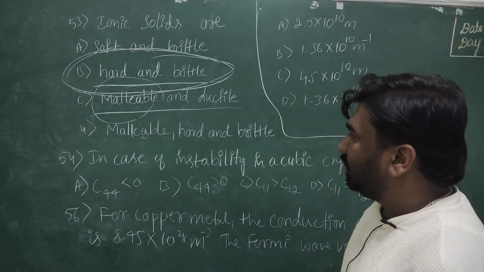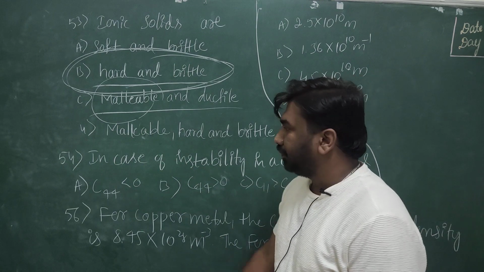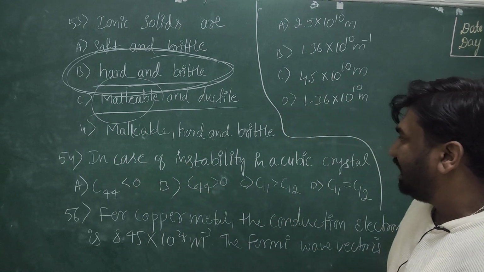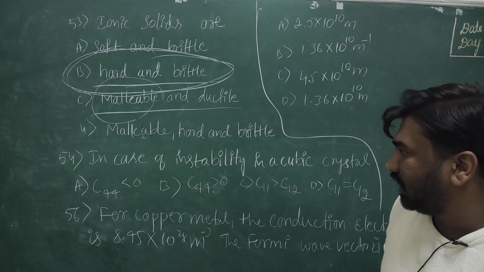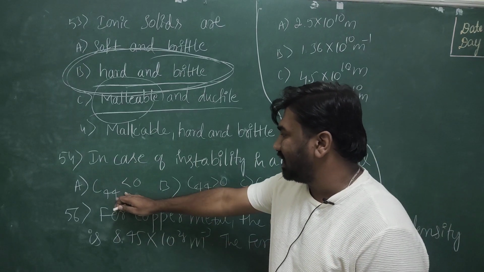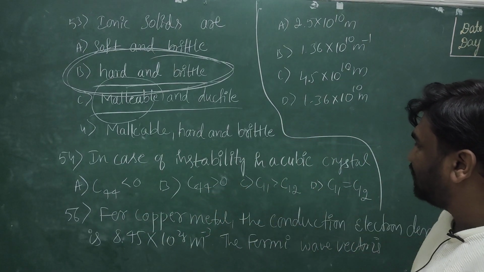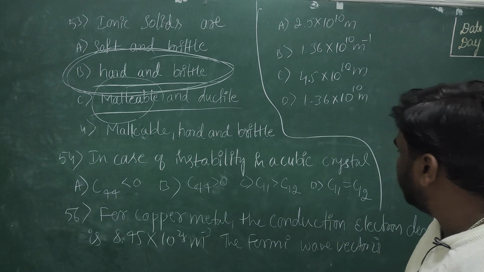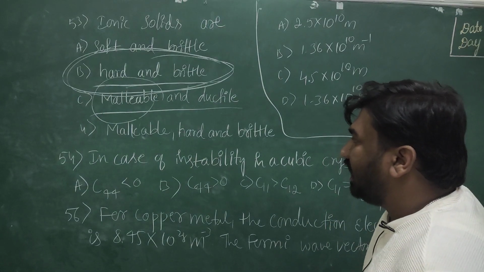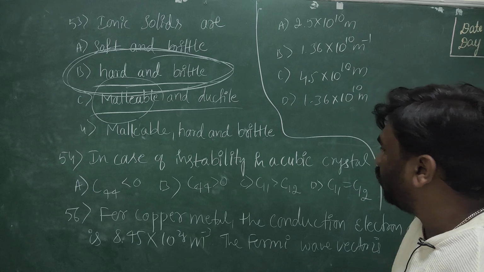And question number 54. In case of instability in a cubic crystal: C44 is less than 0, C44 is greater than 0, C11 is greater than C12, or C11 is equal to C12.